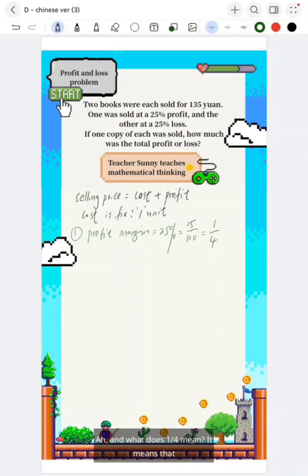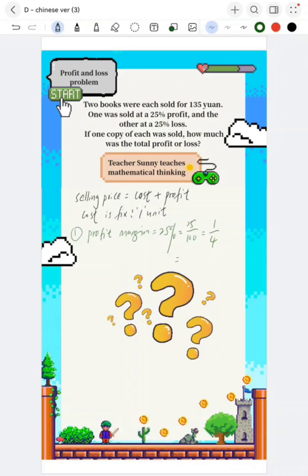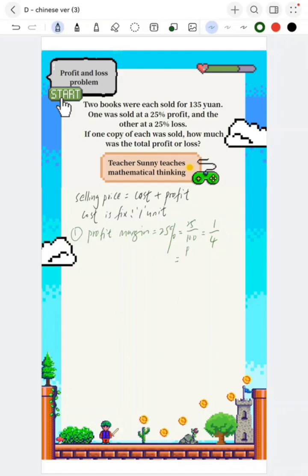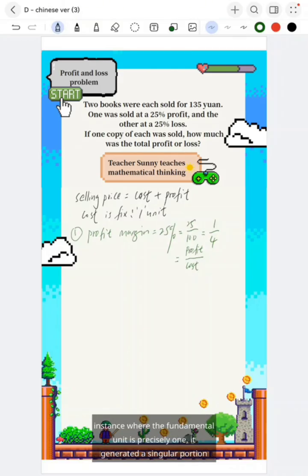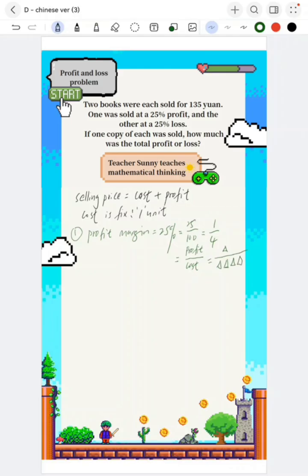In simple terms, based on the underlying cost structure, when the base unit is 1, it generated one portion of profit, and the total cost constitutes 4 portions. So we can articulate this relationship as follows. One part is profit. The cost is 4 parts. You can understand that, right?